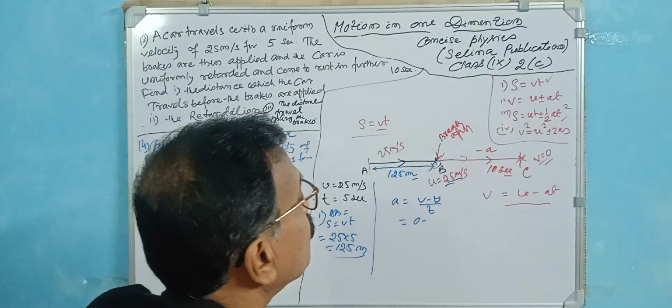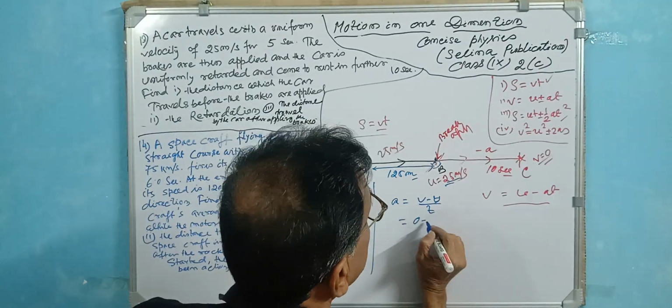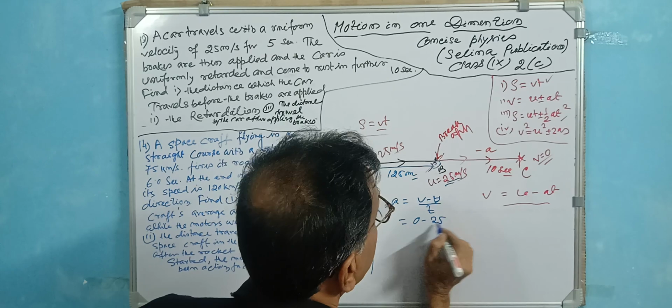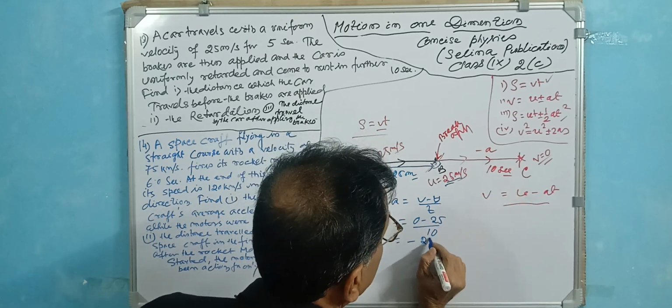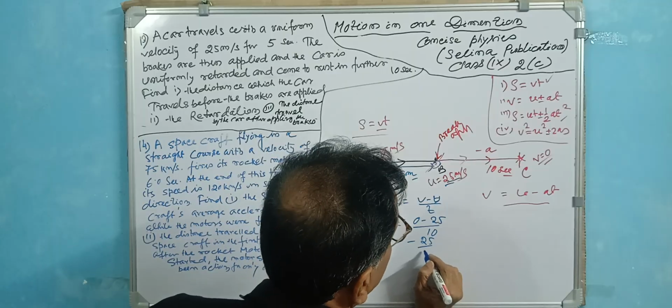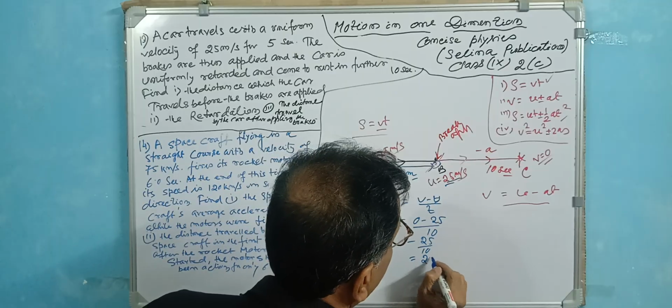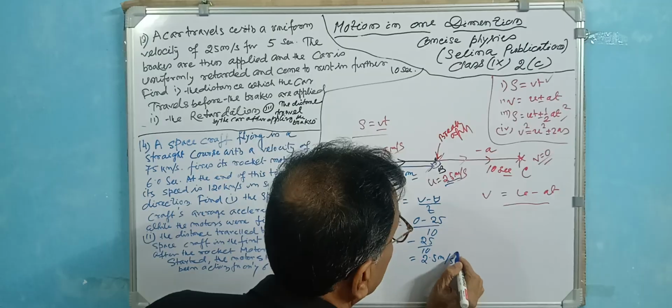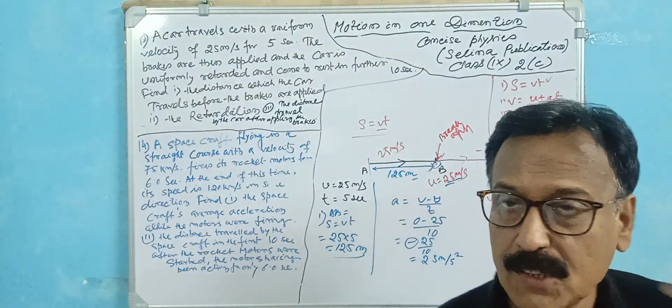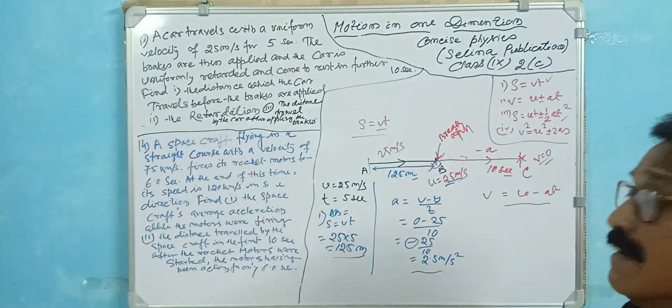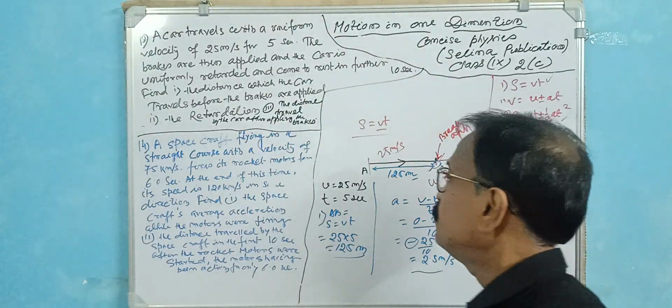So V is equal to 0, U is 25, and the time is 10. So A is minus 25 by 10, which is minus 2.5 meter per second square. The negative sign means retardation. Okay, is it clear?